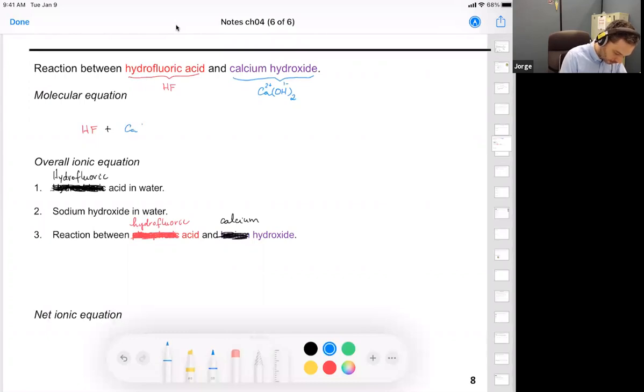We have here calcium hydroxide. Again, acid reacting with a base, the result will be salt and water.